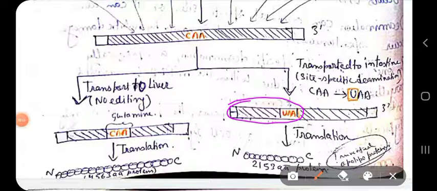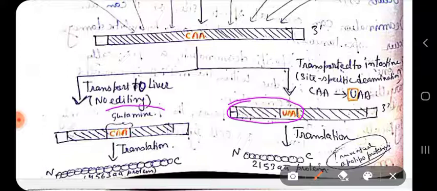Whereas in the liver, such type of cytidine deaminase activity is absent, and thus there will be no deamination of the codon number 2153. That is, there will be no RNA editing in the liver, and thus a fully mature mRNA will give rise to whole apolipoprotein B. Understood?